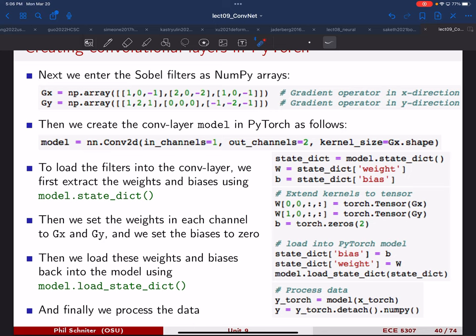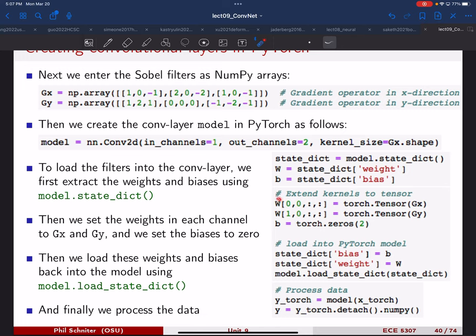But of course, we have to convert GX from NumPy to a torch tensor. Then we stick this in for our 2 different output channels, and there's only 1 input channel. We're going to replace all the other elements with that 3 by 3 matrix, and we do that for these 2 different output channels. We're going to use a bias of 0. We don't want to shift the image at all.